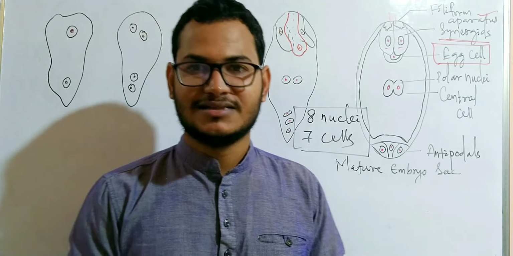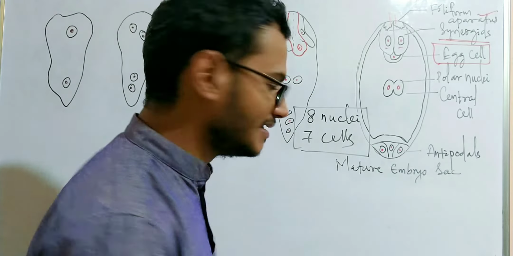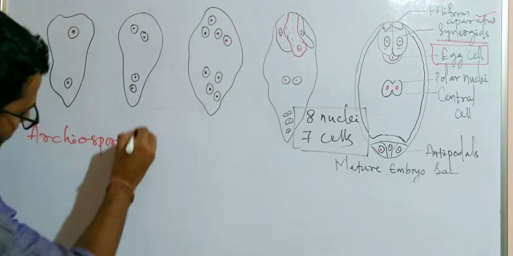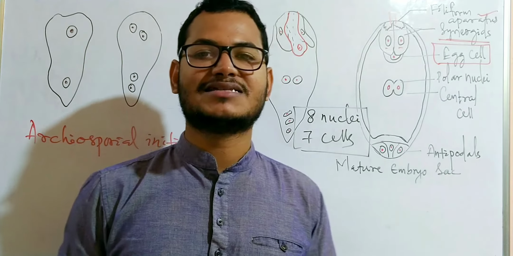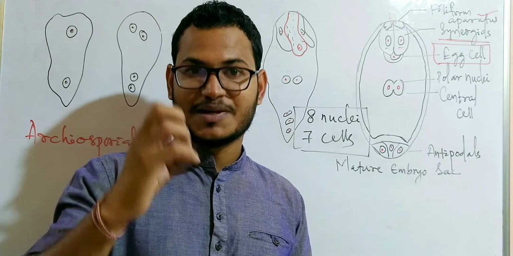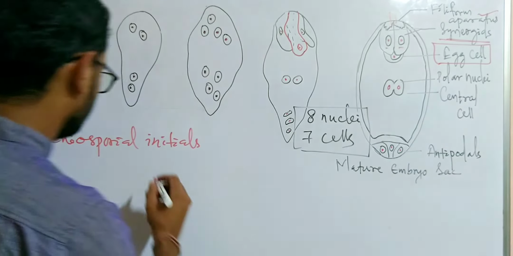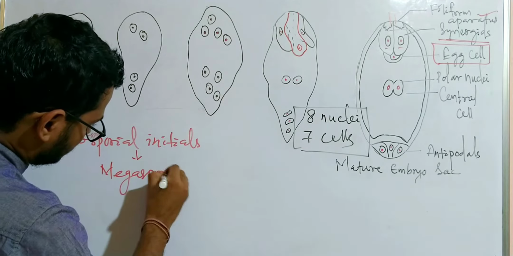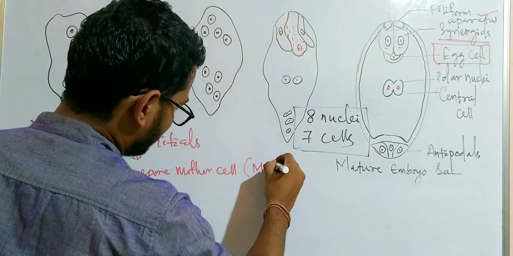Towards the nucellus there are certain cells known as the archesporial initial, and these archesporial initials then undergo certain changes, and a special type of cell is formed from them. It is called the megaspore mother cell, which is called MMC.